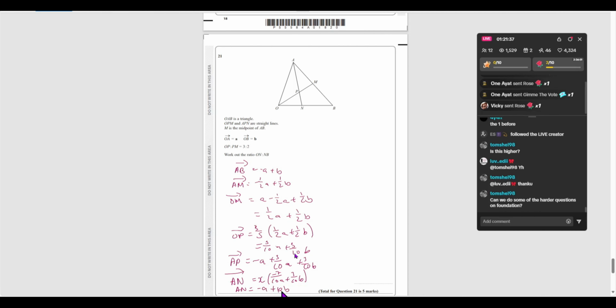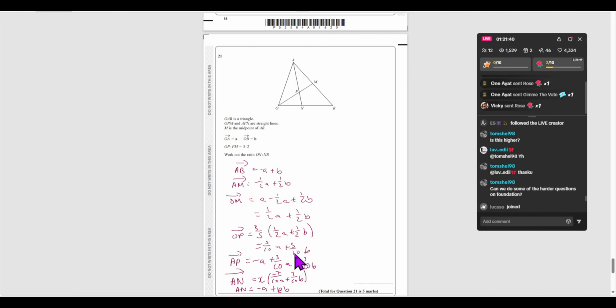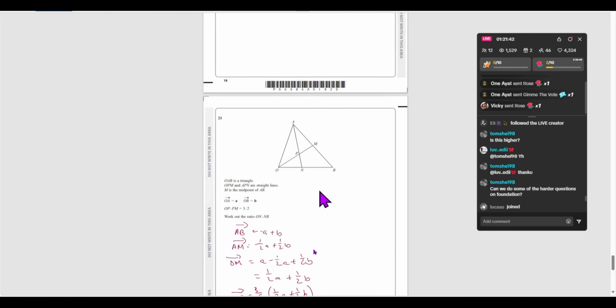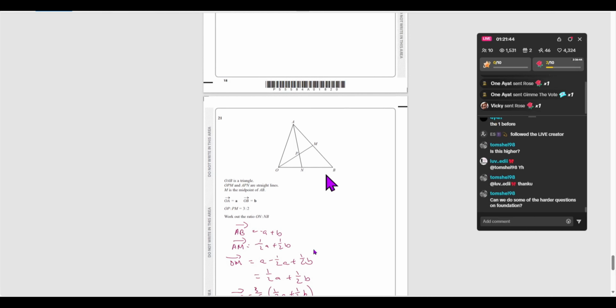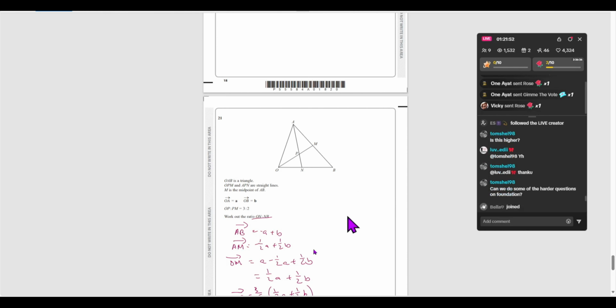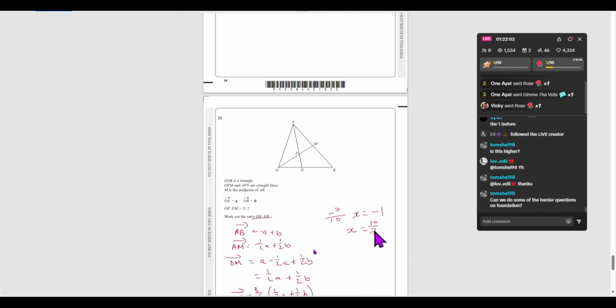That is supposed to be a k, by the way. And then, we'll continue over here. So we're trying to find the ratio O to N to N to B. So do not be confused when I'm doing all of this working out, okay? So minus 7/10 x is equal to negative 1, so x will equal 10 over 7.